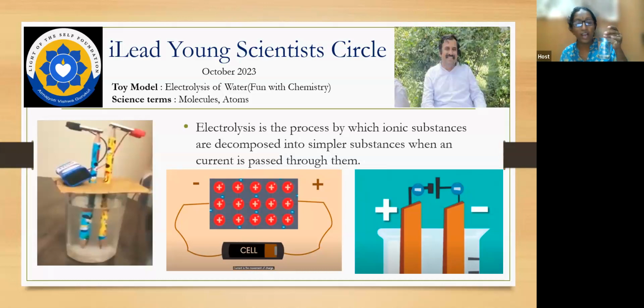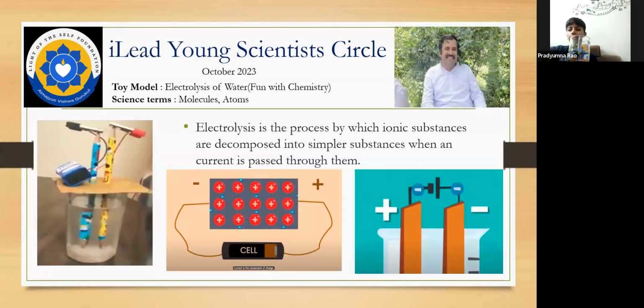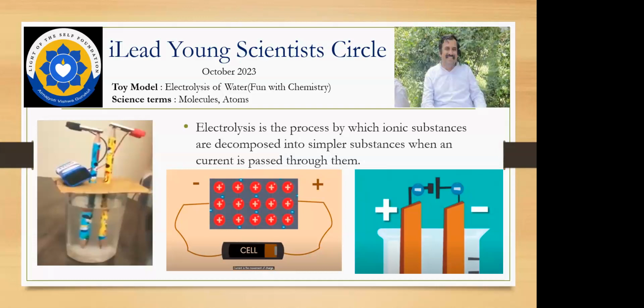Why do we have to add salt? What happens when you pass electricity through this water without using salt? Ma'am, it will not be a good conductor of electricity. Very good.